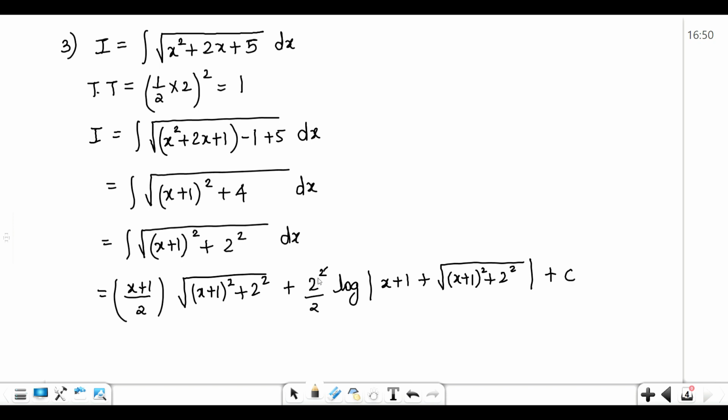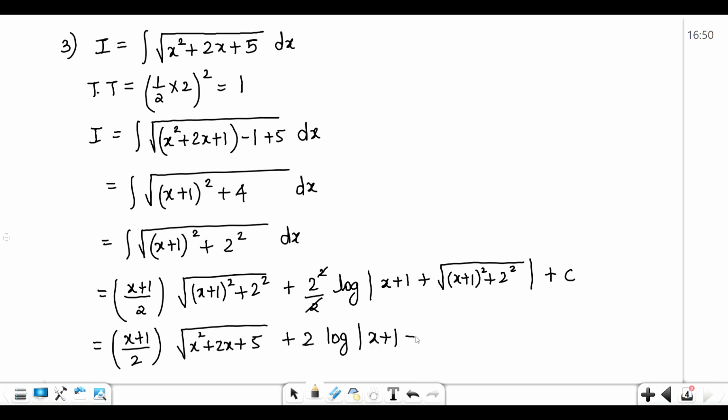Okay, so 1 by 2 will get cancelled here, so we are left with x plus 1 by 2, and if you just open this bracket, it will come out to be the same question that you have done, that is x square plus 2x plus 5, plus 2 log mod x plus 1 plus square root of, again you can open the same thing and you can see for yourself that you get the same quadratic term that you have been given in the question, that is x square plus 2x plus 5, and then mod, then plus c.